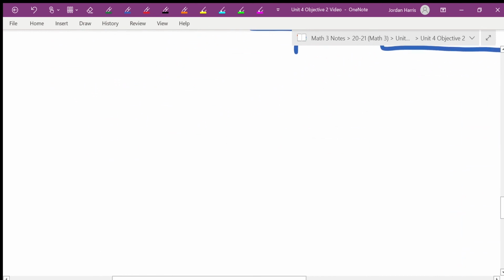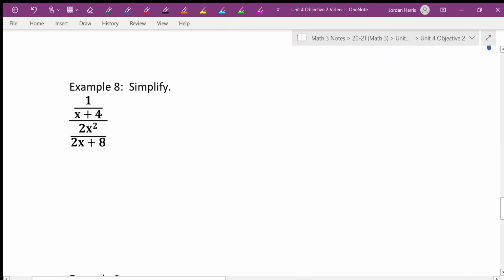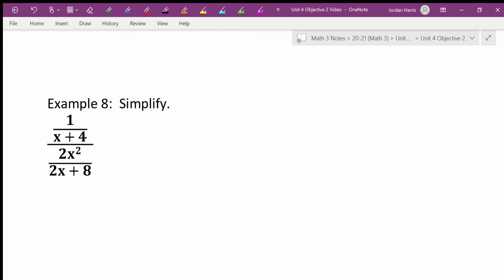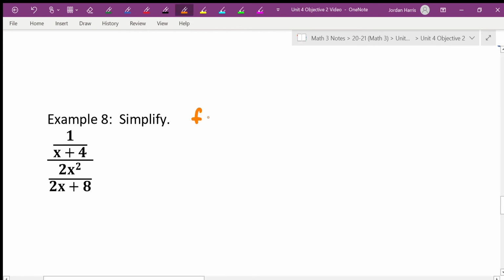Okay, example 8. We have what looks to be super confusing, but remember, fractions represent division, right?